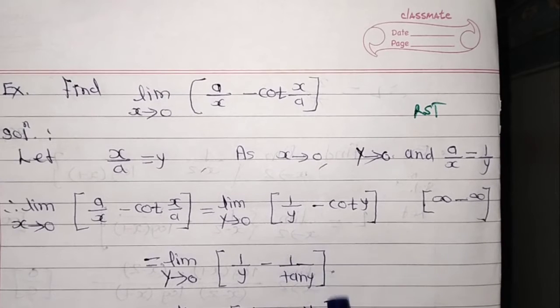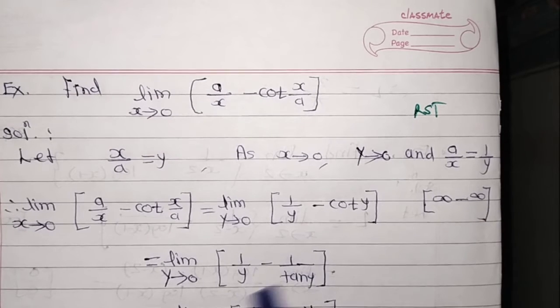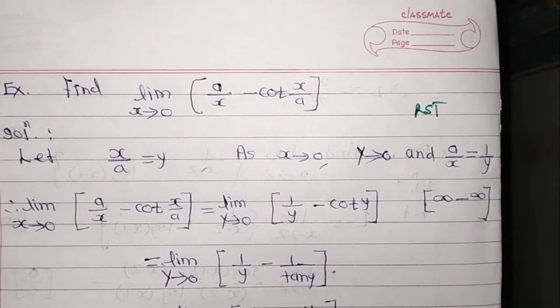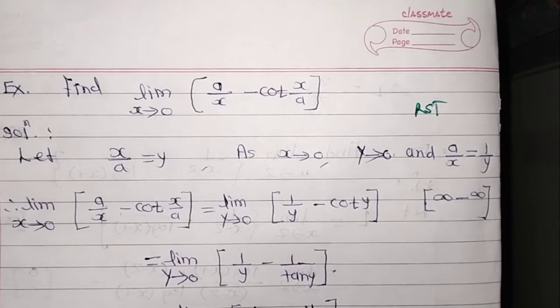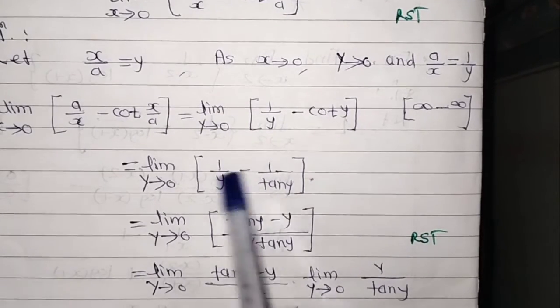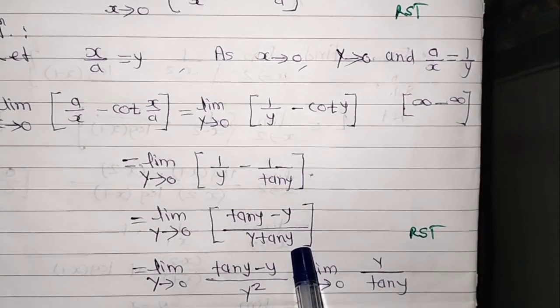And after simplification we get this is equal to limit y tends to 0 tan y minus y upon y tan y. And this can be taken using limits rule. After simplifying, we get limit y tends to 0 tan y minus y upon y tan y.